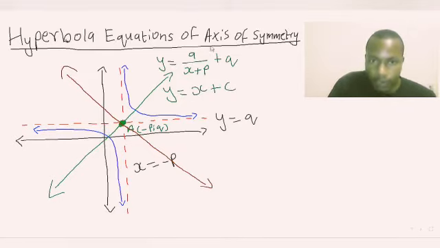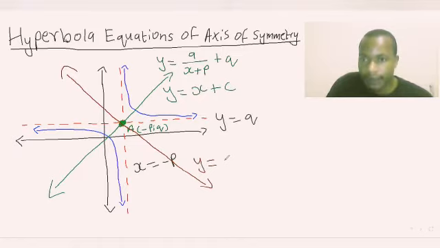You would then also have the axis of symmetry with the negative gradient, which would be y equals negative x plus c. To solve for c in each case, you would need to make use of the point (negative p, q), which is the point of intersection over there.